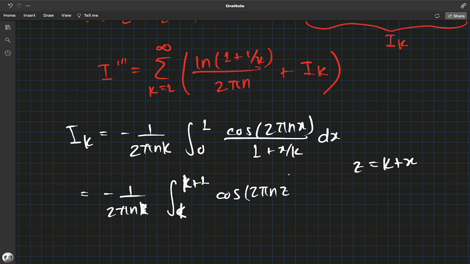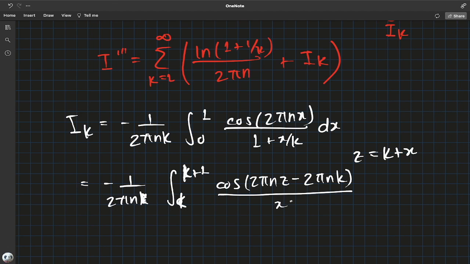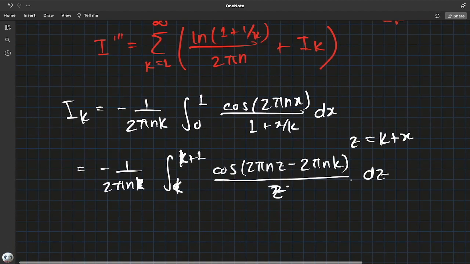2 pi n z minus, I believe, 2 pi n k over, I believe, z. X plus k is z, so you get a z dz.